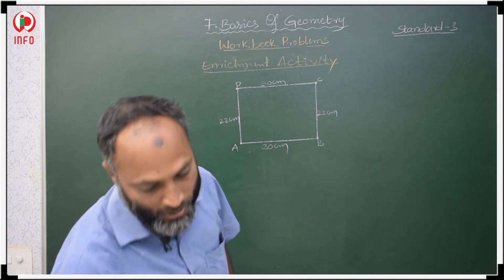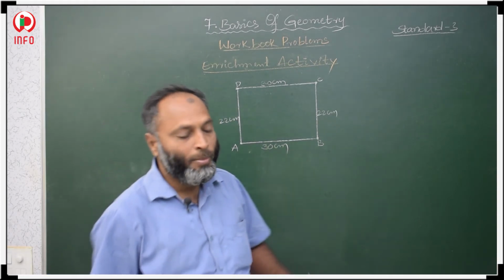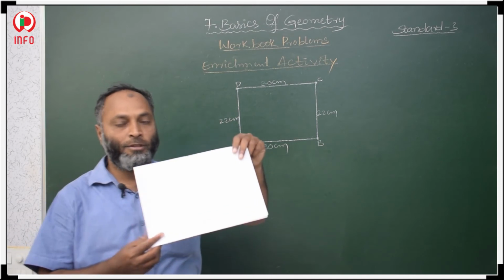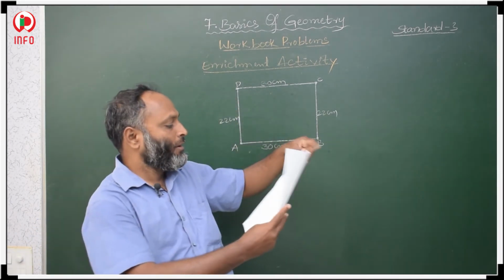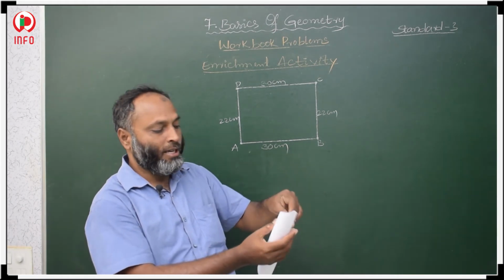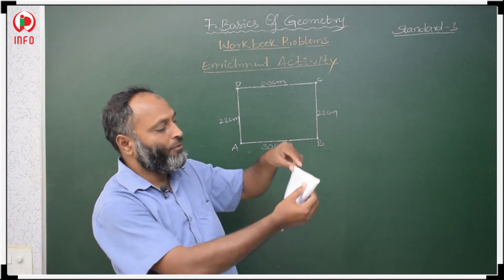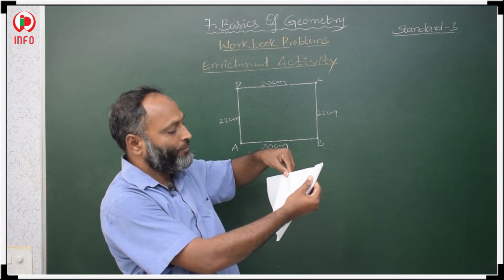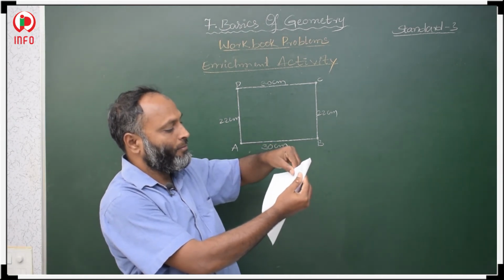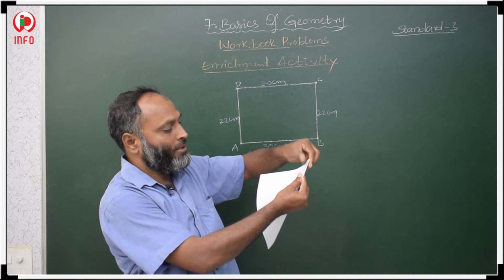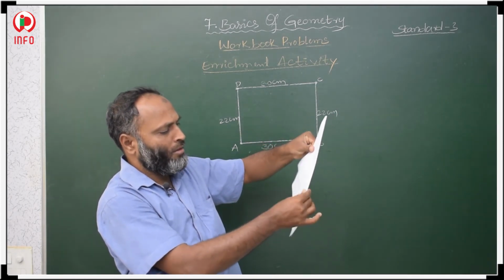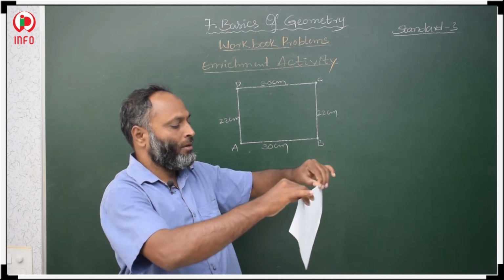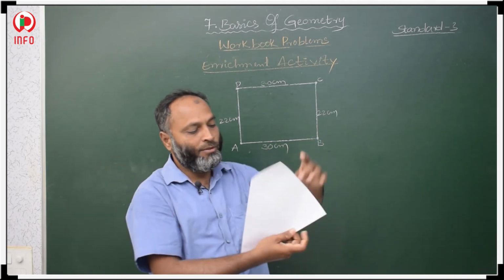Then after that what do we have to do? We have to make this A4 size paper into a square shape. How do we make this square? First you have to fold your paper like this. Now like this. Now this portion is left.